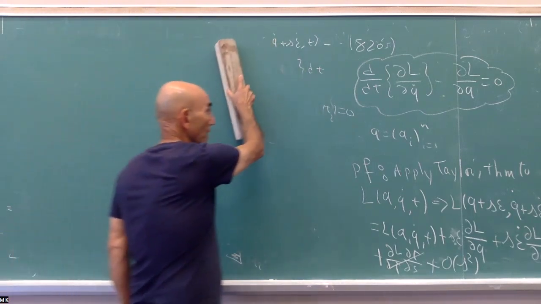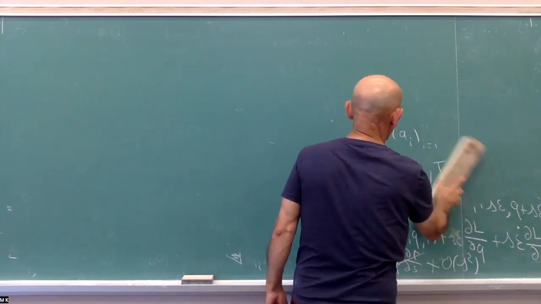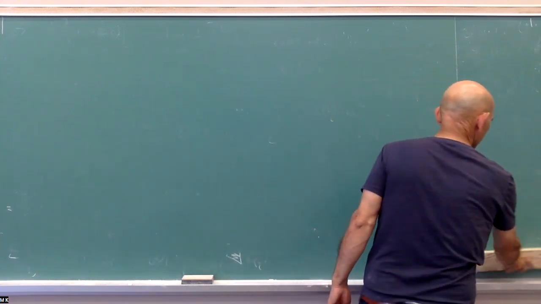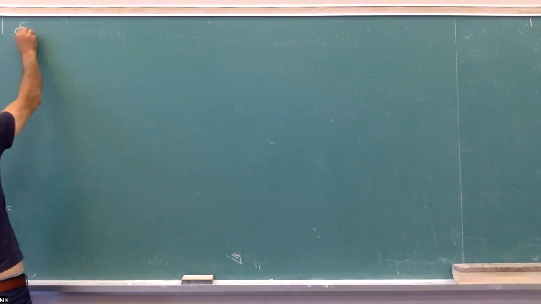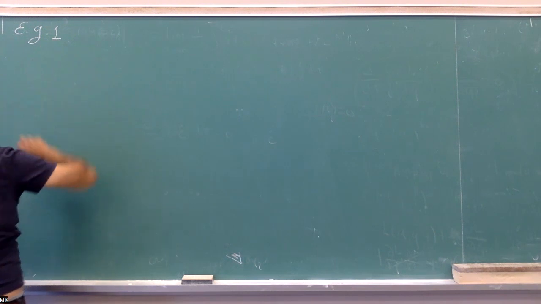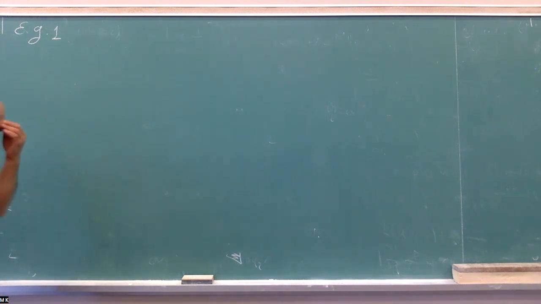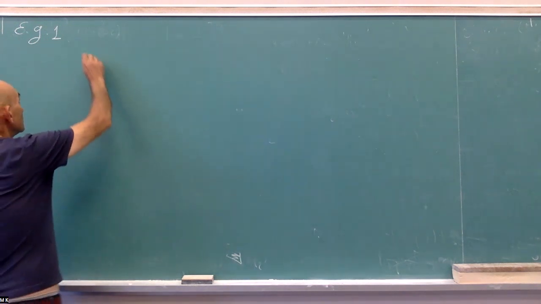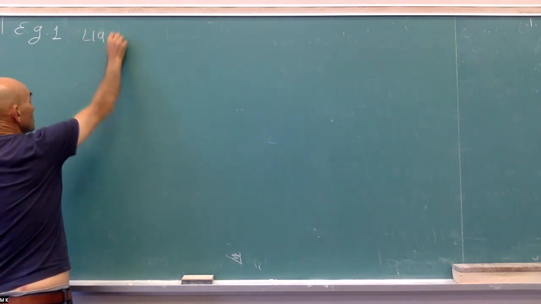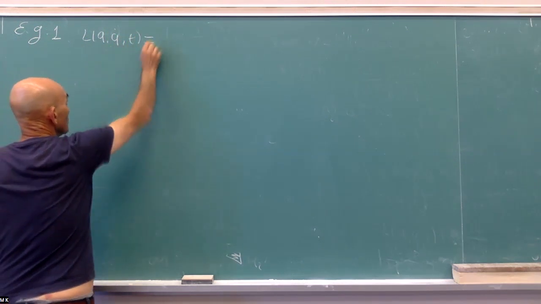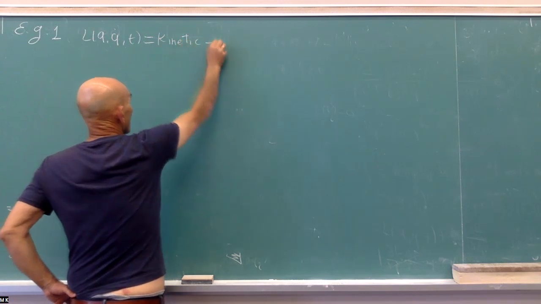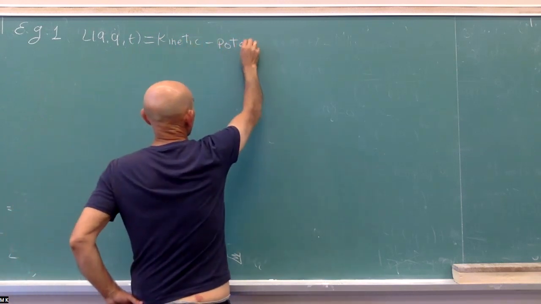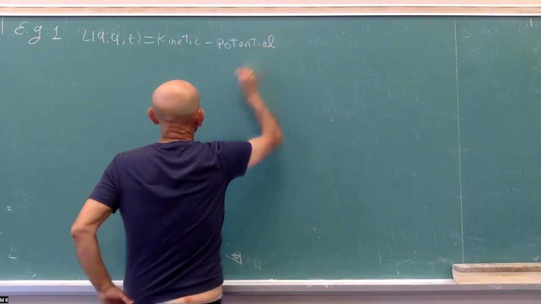Okay, now let's look at a couple of examples. This would be example 1. Let's look at the classical Lagrangian, L of q, q dot, t, equal to kinetic minus potential energy.